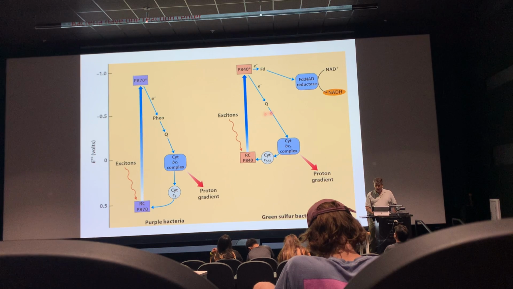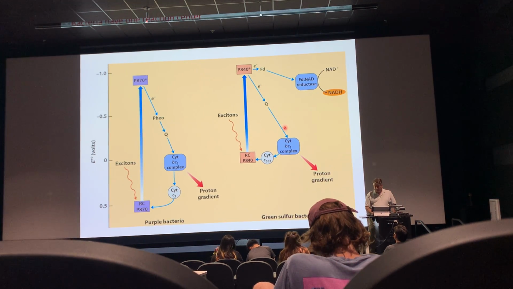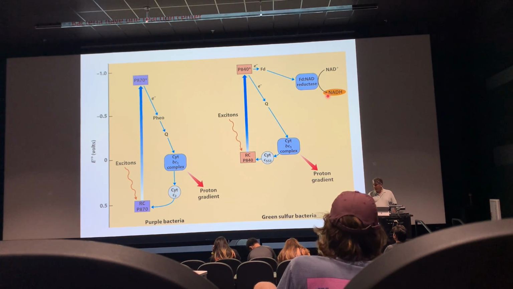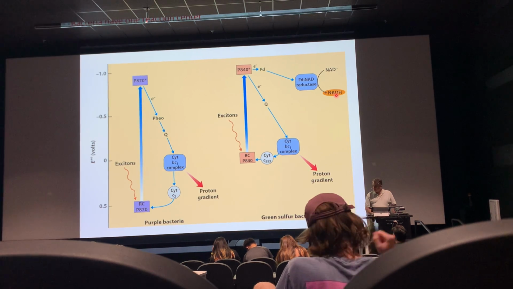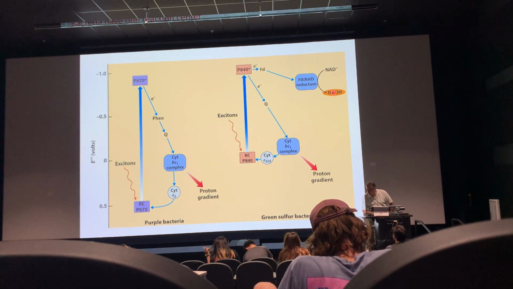So these bacteria have a choice. They can either make protons that make ATP down here, or they can make reducing power in the form of NADH. Plants do not make NADH for this reason. They make NADPH.